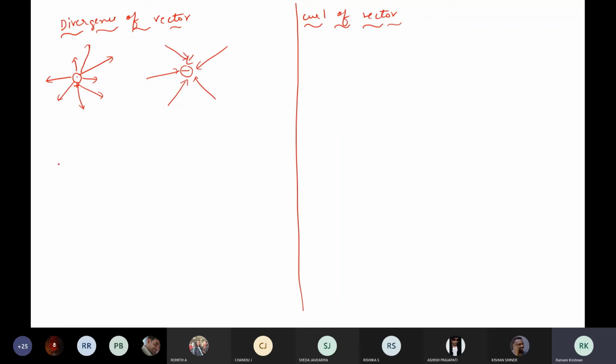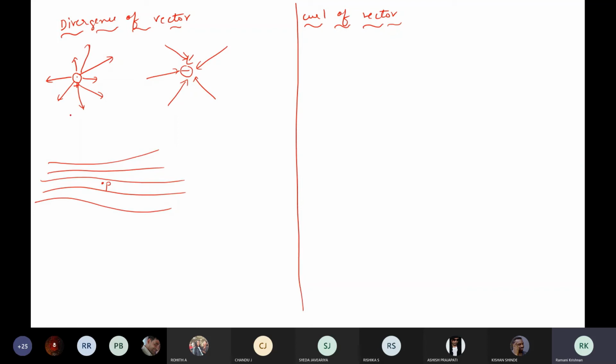Another case: anywhere in some field there is some electric field. This is the point. Now let us see what is divergence. Divergence is a scalar quantity. It gives a measure of how much the field is converging or diverging at a given point.